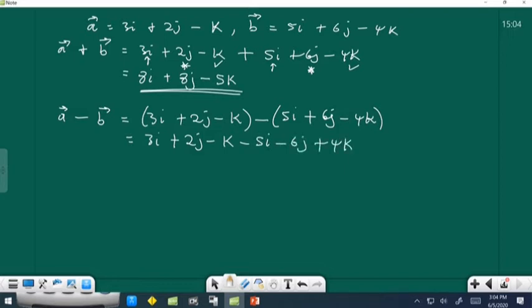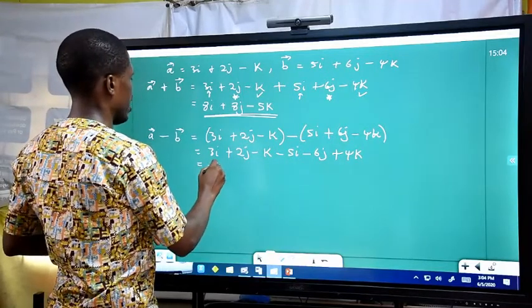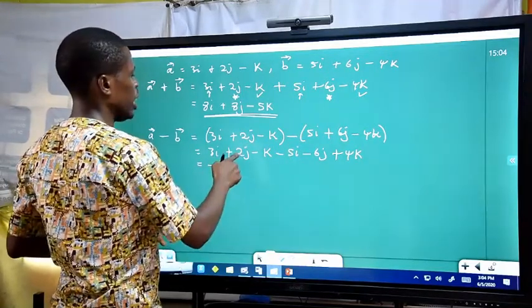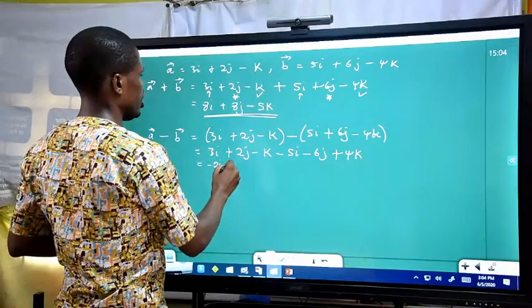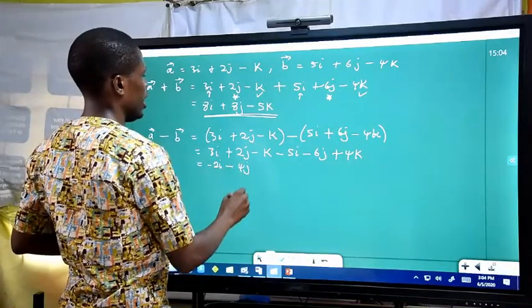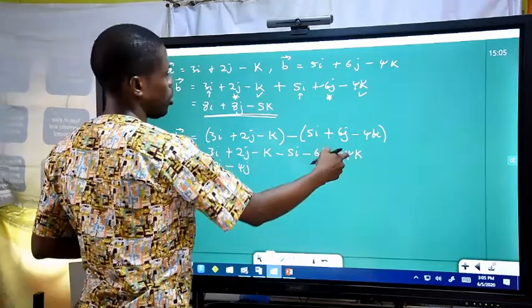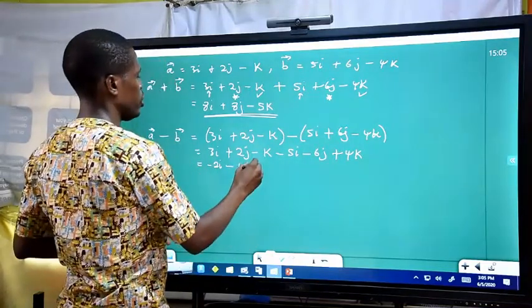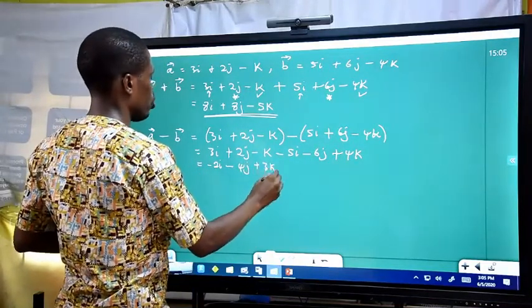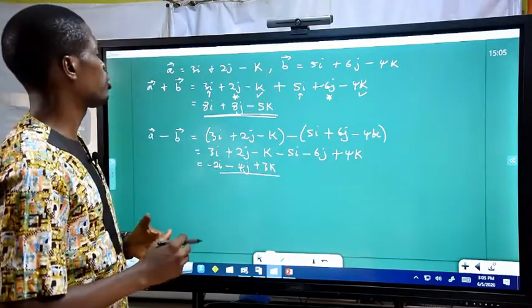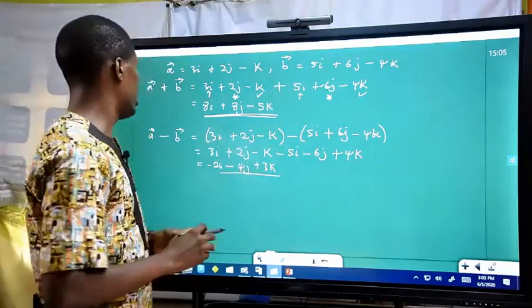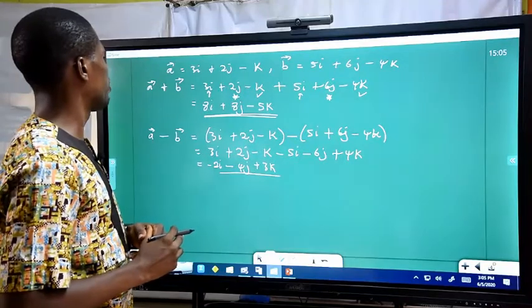You know, this minus sign cancels out and turns to a positive sign. So we do the same thing we did here. 3i minus 5i is minus 2i. 2j minus 6j is equal to minus 4j. And minus k plus 4k is plus 3k. So we have subtraction of two vectors in a very simple example, as we have seen there.